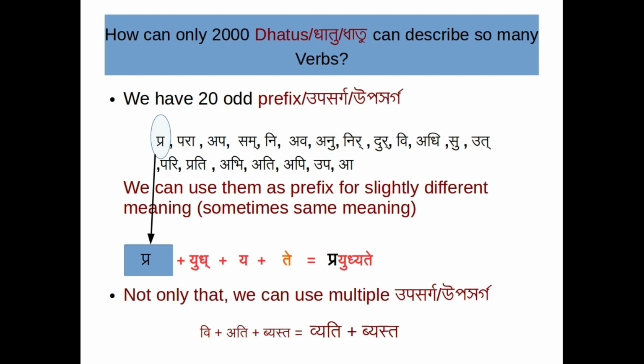And not only that, we can use a combination of these upasargas as well in the front of a dhatu to create different tinganta padas. So in that way we can create new words having new meaning.